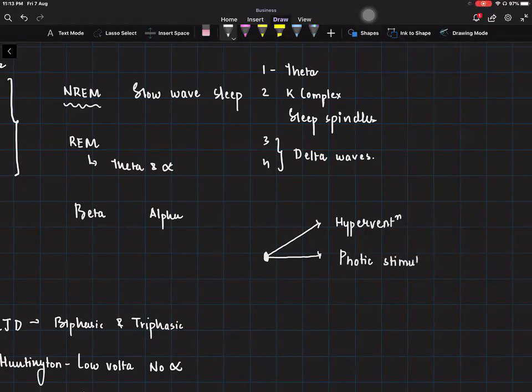So we use hyperventilation, photic stimuli, and there is one more. If it's a child patient, we instruct the patient's mom to not allow the child to sleep. Sleep deprivation, exactly. So these are the 3 commonly used techniques to make sure that we are able to precipitate the main pathology that the person is suffering from.